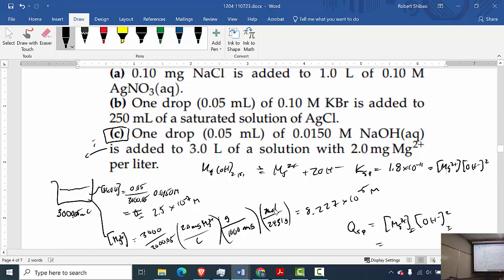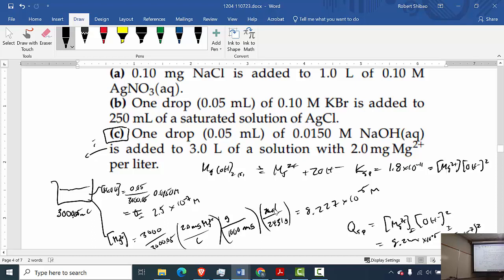And so the initial concentration of magnesium 2+ is 8.227 times 10 to the minus 5. And the initial concentration of hydroxide is 2.5 times 10 to the minus 7. And we've got to square this.